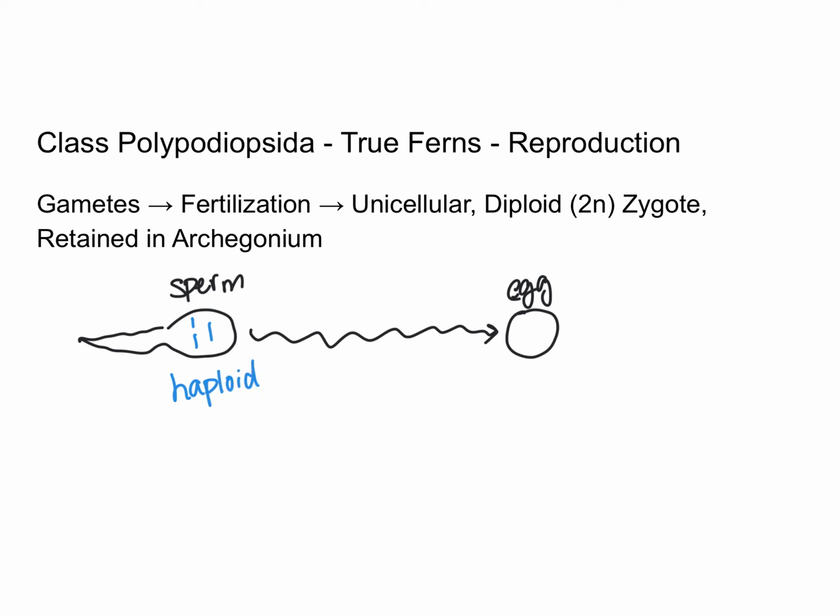And the egg is also haploid, so it has a set of chromosomes. And so when they fuse together, it creates a zygote, which is a single cell, but it is diploid because now the chromosomes from both the sperm and the egg are in the nucleus of the zygote.